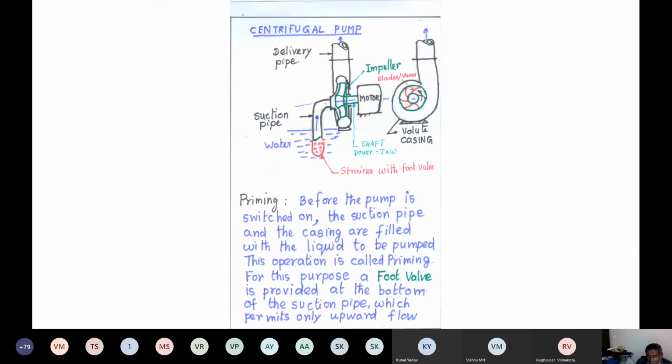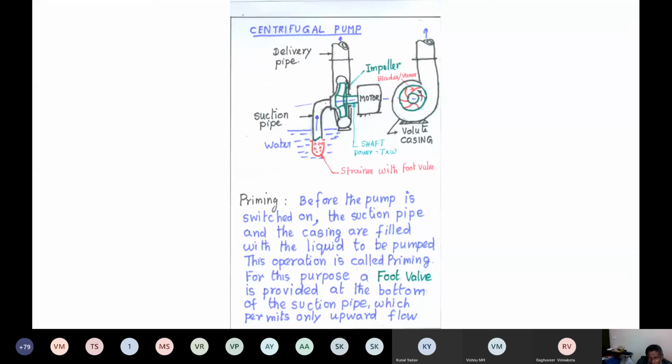Actually, the water flowing up through the suction pipe is by the atmospheric pressure acting on the water surface. Now, what is the atmospheric pressure head in water column? See, 1 atmosphere is equal to around 10.3, 10 point something or 10 meters of water column.